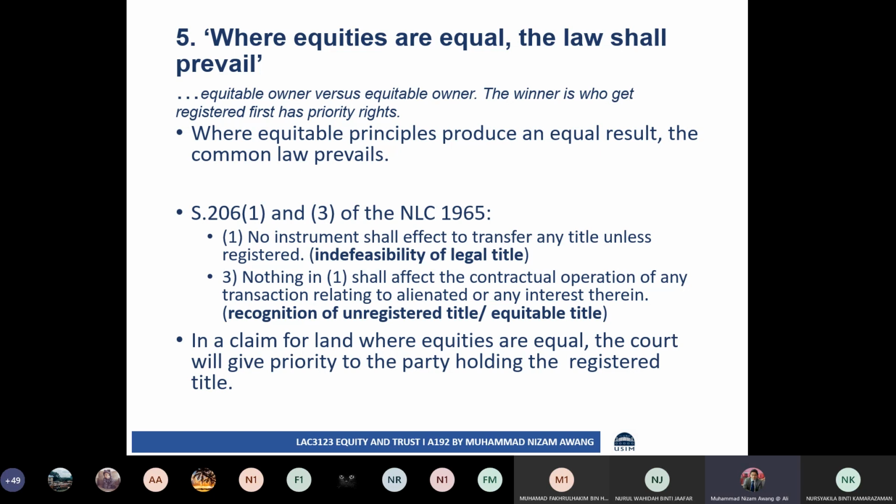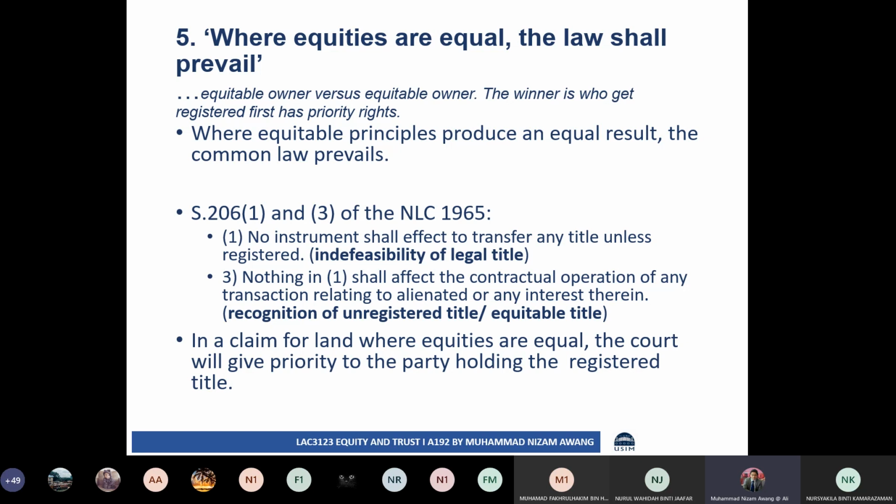Or they can rely, for instance, on estoppel, where the landowner has promised the tenant that after some time the land will be given to the tenant. In that case, because the land has not been registered, they become the equitable owner. But in equity, the court can still value the conduct of the parties, which can relate to the conduct of the equitable owner.